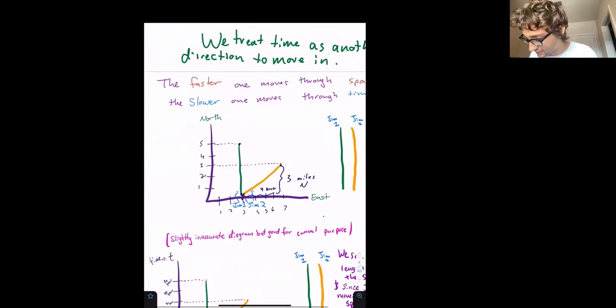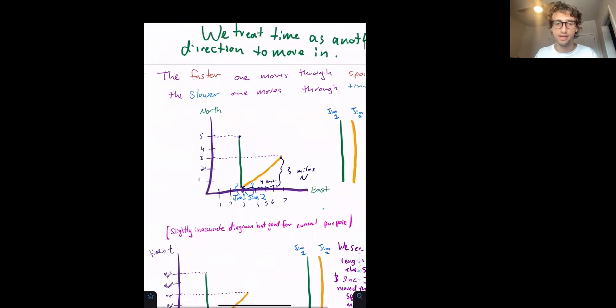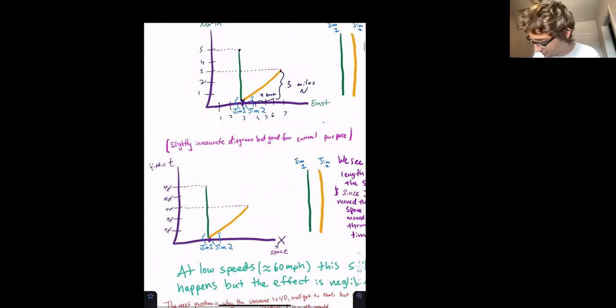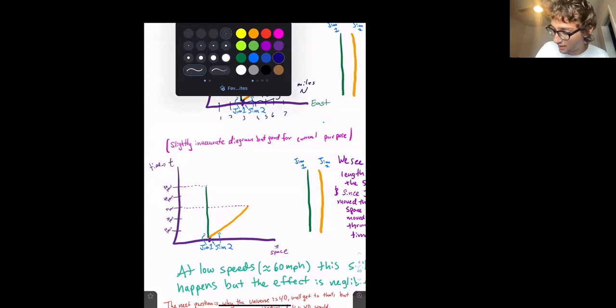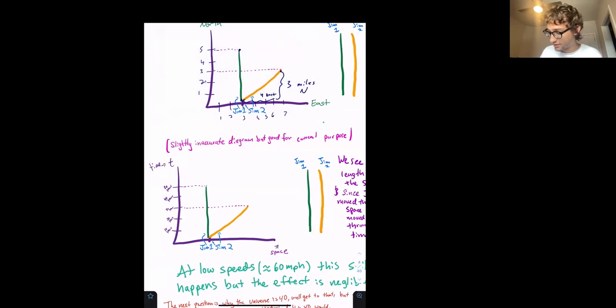Now let's say that time is a direction. Let's pick time, and for space in general let's just pick the east direction. Twin 1 and twin 2 both move the same distance in this 4-dimensional space-time.